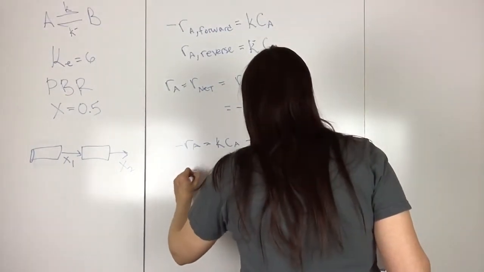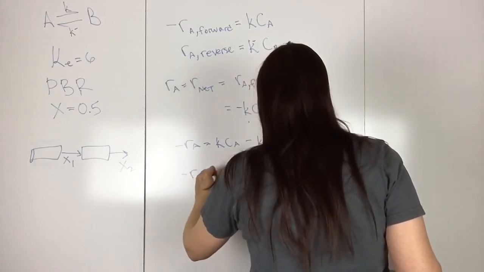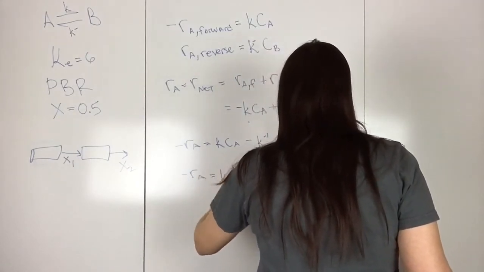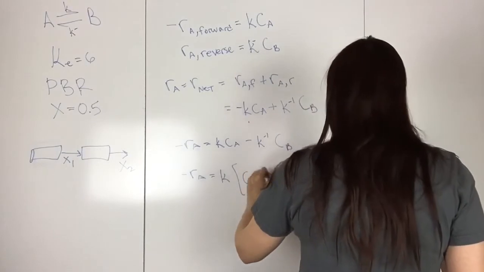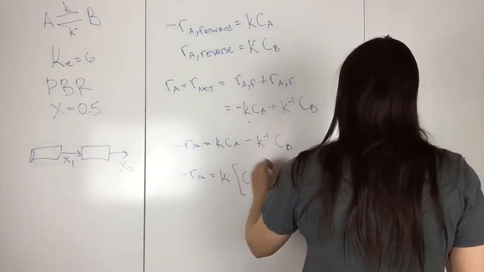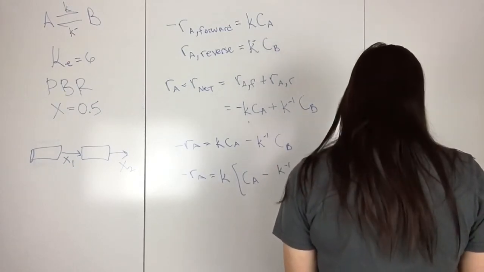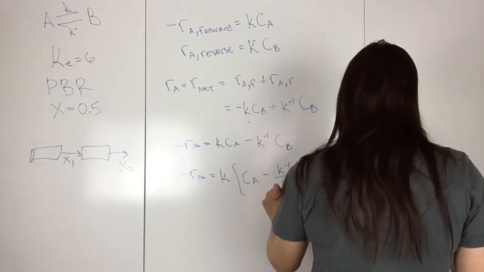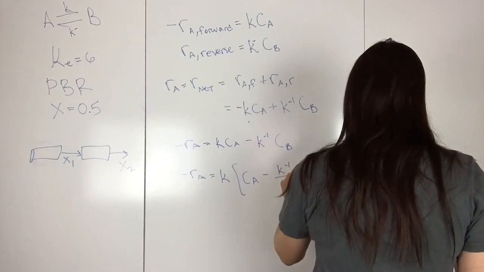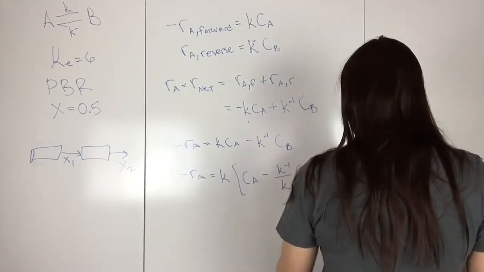So minus RA is equal to k times CA minus, since we pulled that out, k minus 1 over k CB.